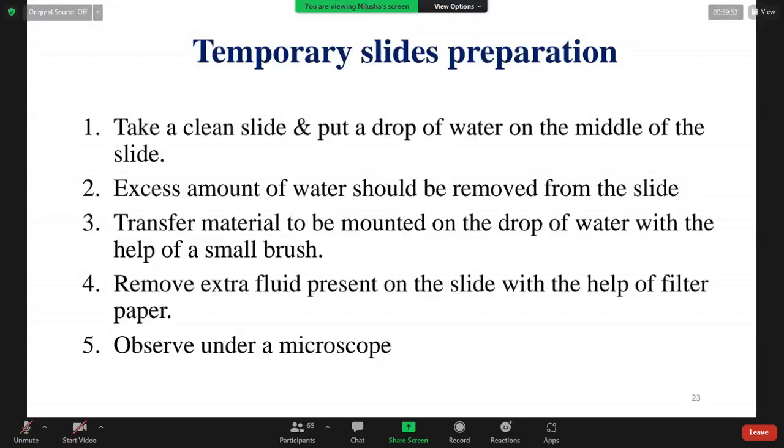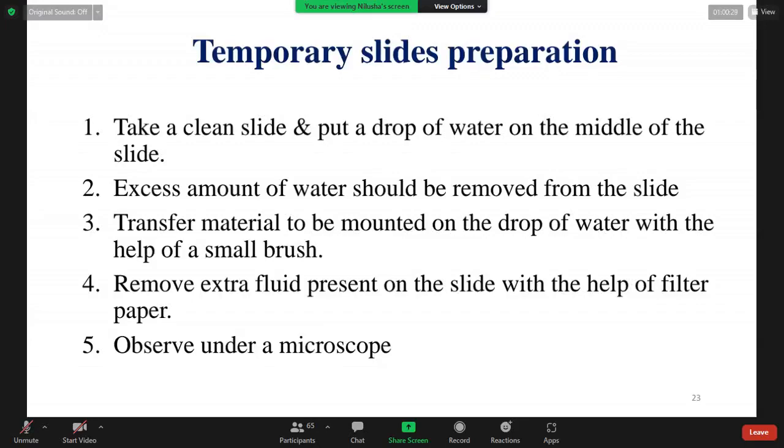After that, transfer the material you want to observe onto the drop of water using a small brush.